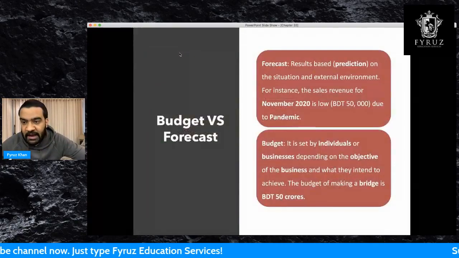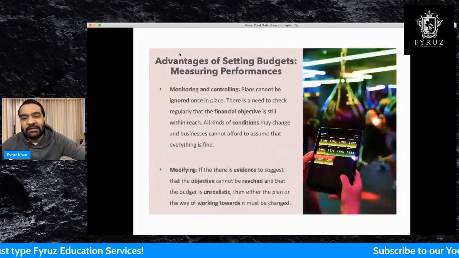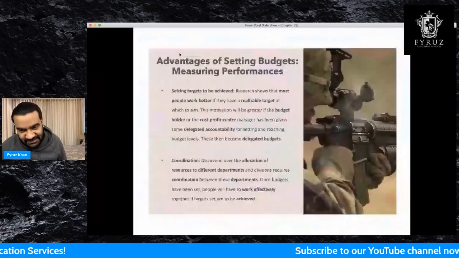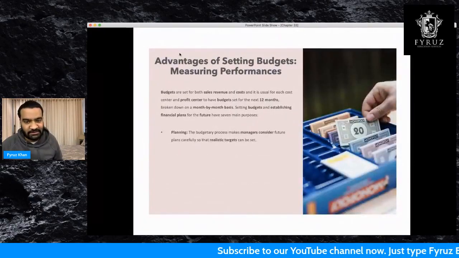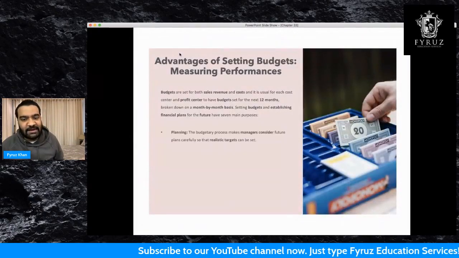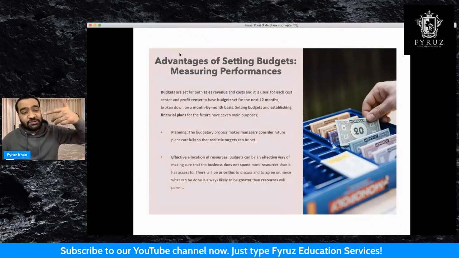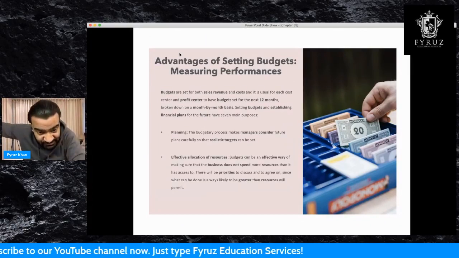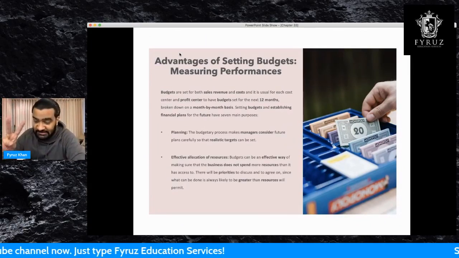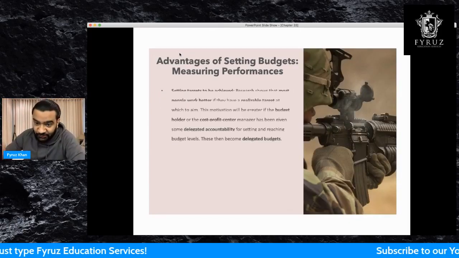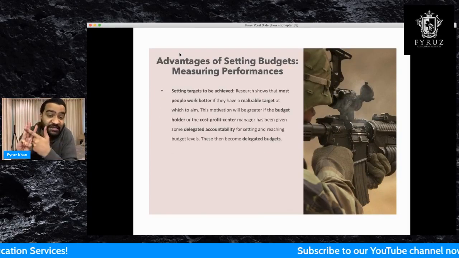Okay. These are the advantages of setting budgets, and we will go through it once again just to have a look. It helps you to plan, it helps you to effectively allocate resources according to priorities. That's number two. Number three is it helps you to set targets.